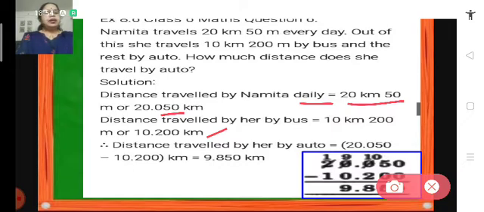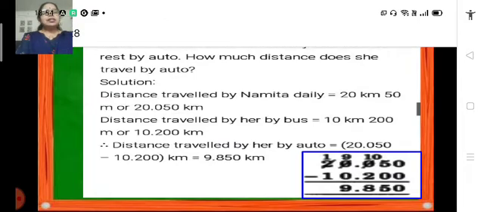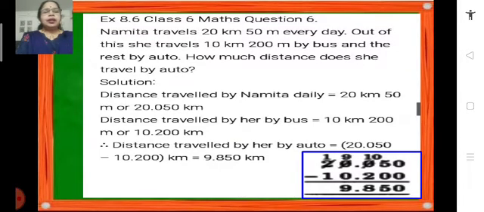We have done the subtraction here by placing them according to the place values, aligning the decimal points. From the extreme right, we start the subtraction. 0 minus 0 becomes 0, 5 minus 0 becomes 5. Then in the next place we have 0 minus 2. So 1 has to be borrowed from the ones place. In the ones place also we have 0, so again 1 is borrowed from the tens place.